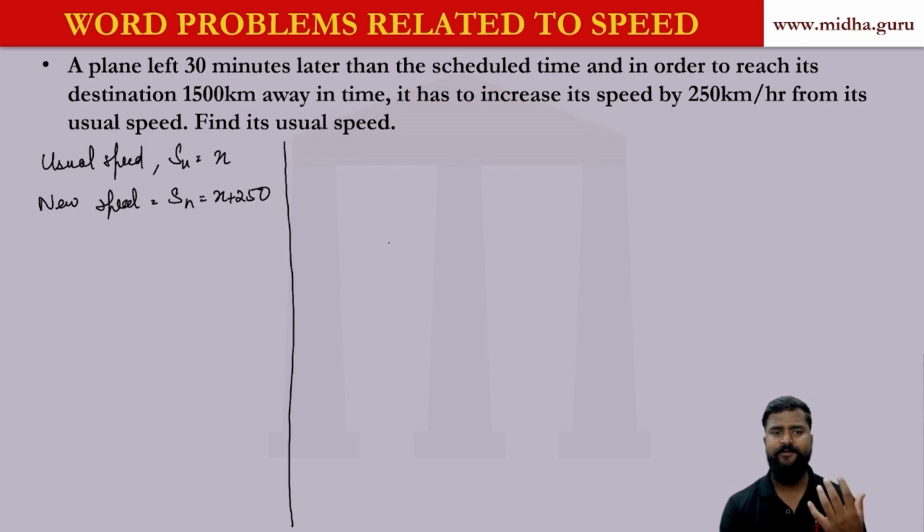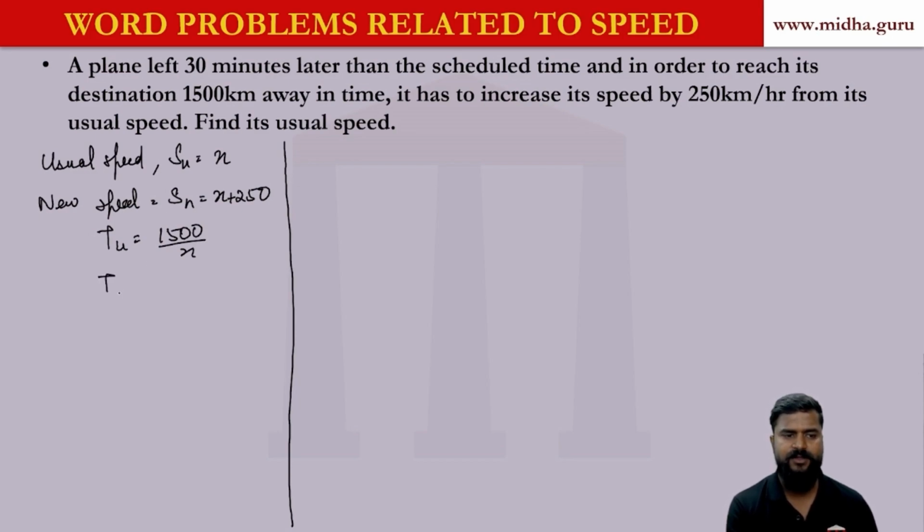If the plane was flying with a speed of x kilometers per hour, the time would be 1500 by x. Similarly, when it started traveling by x plus 250, that is the new time, it was 1500 by x plus 250. And the difference between these two times was 30 minutes. So, the difference between the original time and the new time is 30 minutes, that is 30 by 60 hours, which becomes 1 by 2.